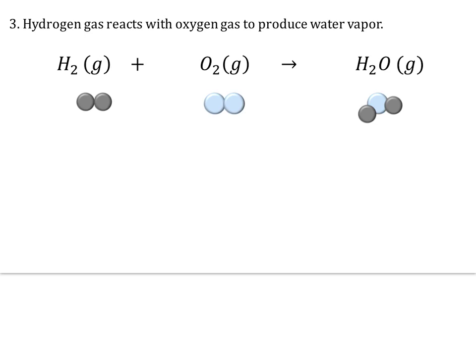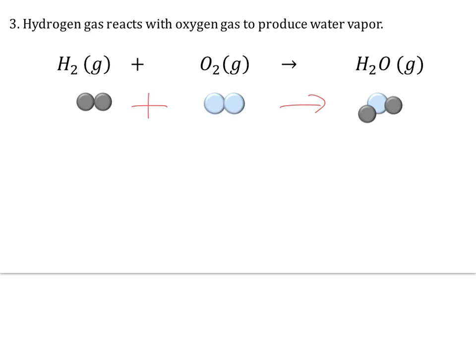So let's think a little bit about what this is actually showing us. I've got 2 hydrogen atoms. I'm going to add to it my 2 oxygen atoms, and we're going to produce, according to what I have here, 1 oxygen atom and 2 hydrogen atoms. Now we have something called the law of conservation of mass, which says that we can't create or destroy matter.